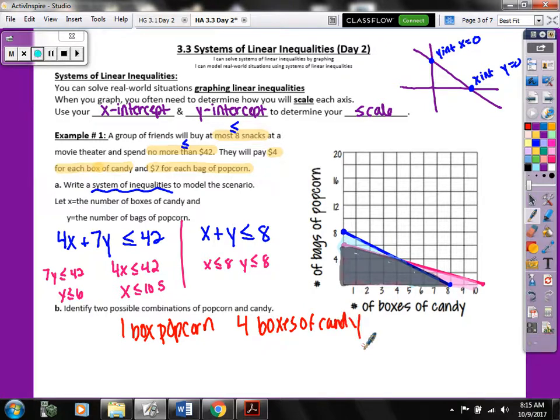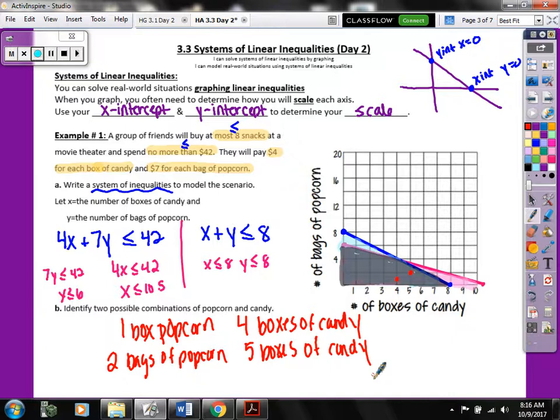That's fine. And another one. So that's where she picked hers. Garrett? 2 boxes of popcorn and 5 boxes of candy. Good. Any ordered pair that falls in there would work.